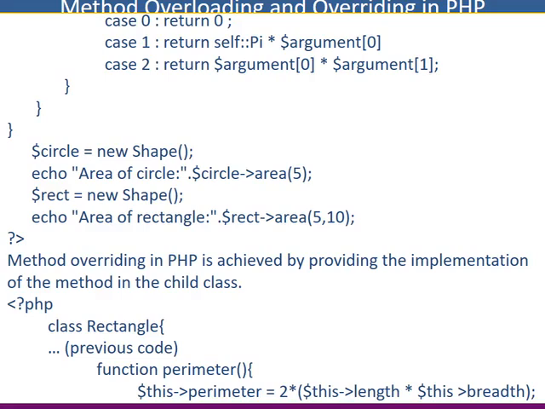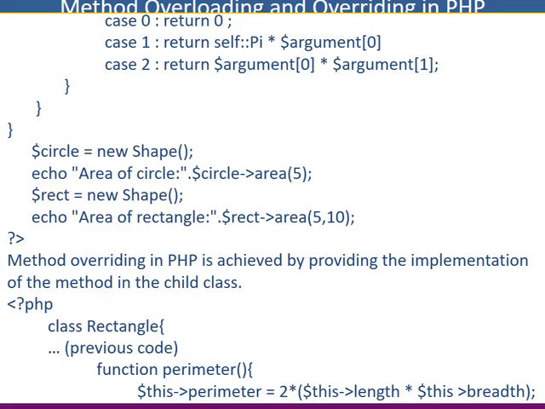So you calculate the circle area, which is pi r square, so we have the pi with the asterisk $sign argument 0. So if there are two arguments, that's why we have case 2.